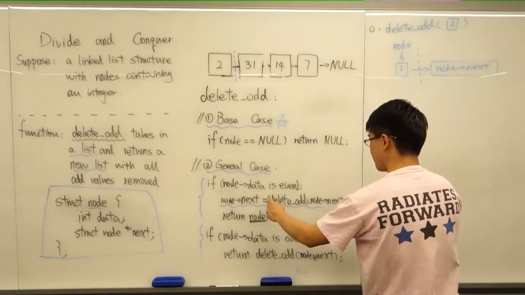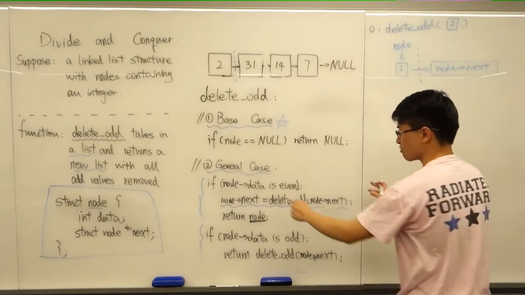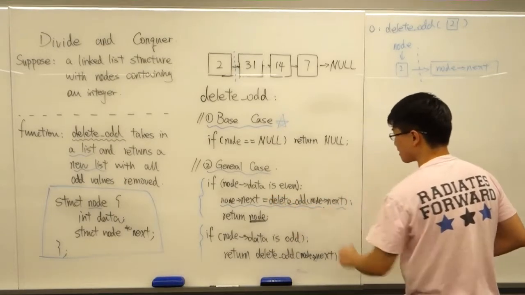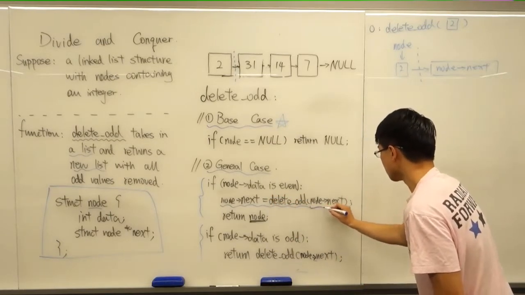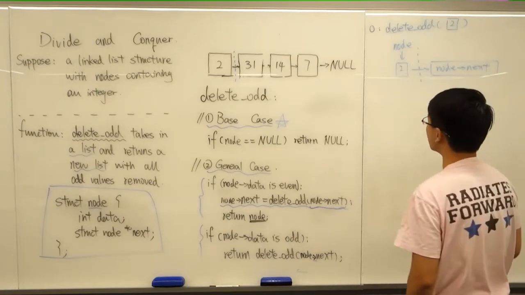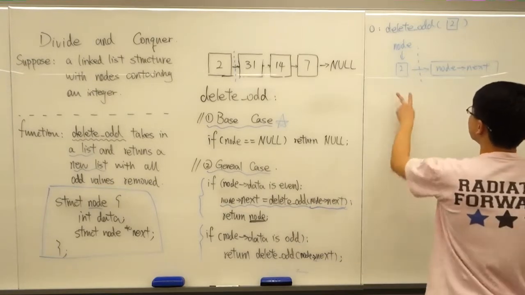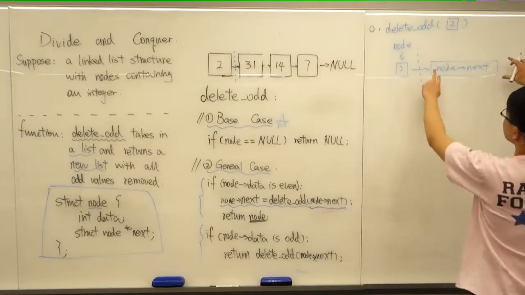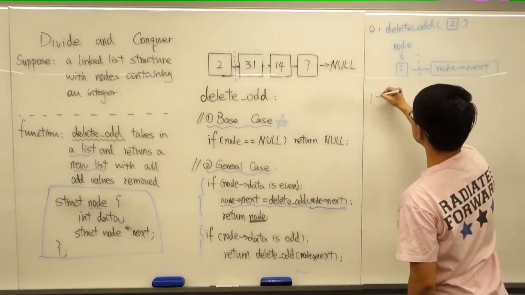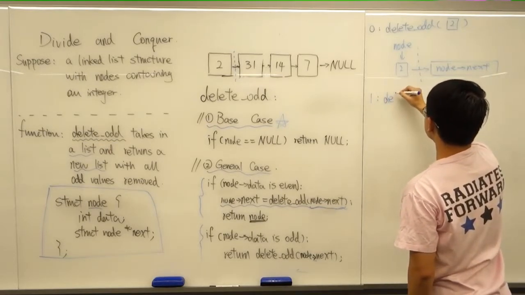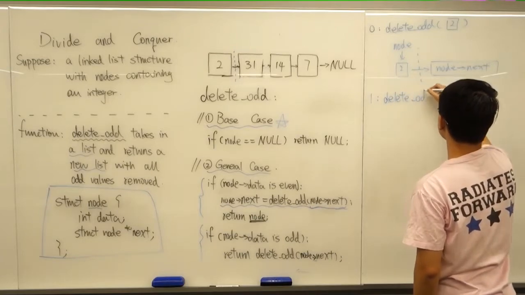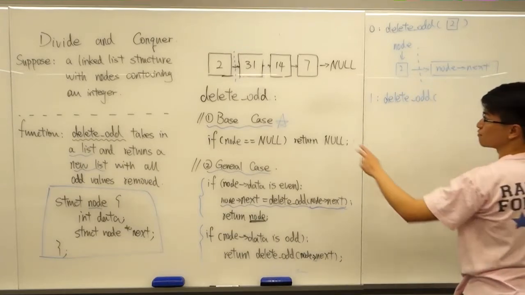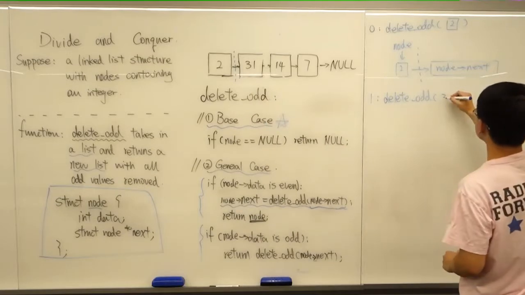And here, we call the function again. This is why it's called recursive. We call the function again, but with a smaller subset of the list. So in this case, node next is this bit, so it will be another function call. Delete odd, and in this case, the first one will be 31.